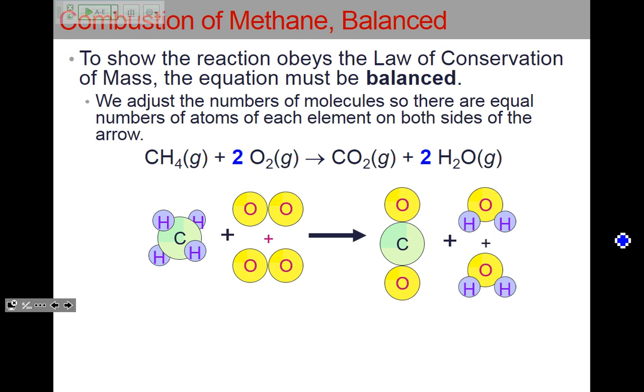Now, typically we show our stoichiometry in our lowest whole number ratio. Technically, we could have started with 4 molecules of CH4, but then we need 8 molecules of O2. So typically we just start with our lowest whole number ratio. Because clearly, in an actual chemical setting, we're not going to have 1 molecule of CH4.